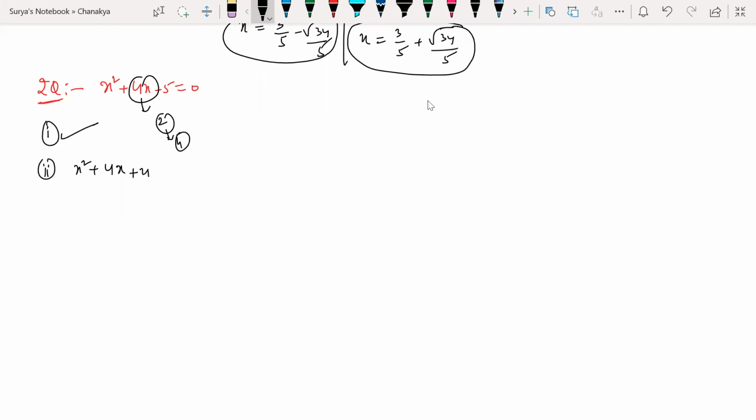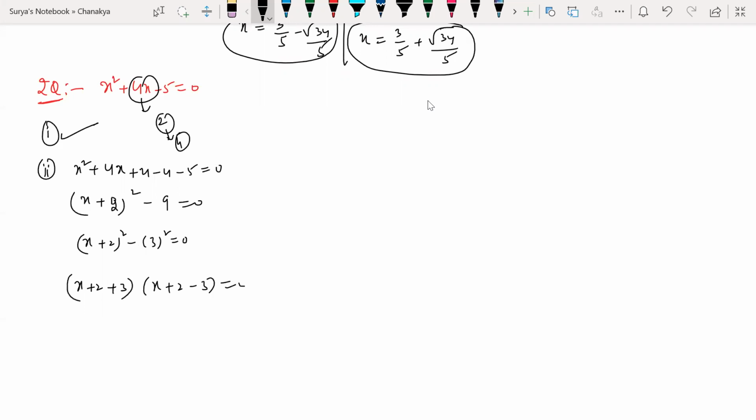So plus 4 minus 5 is equal to, I think we did this question. (x plus 2) whole square minus 9 is equal to 0. So (x plus 2) whole square minus 3 whole square is equal to 0. So (a plus b) into (a minus b) is equal to 0. (x plus 5)(x minus 1) is equal to 0. x is equal to minus 5, x is equal to 1.